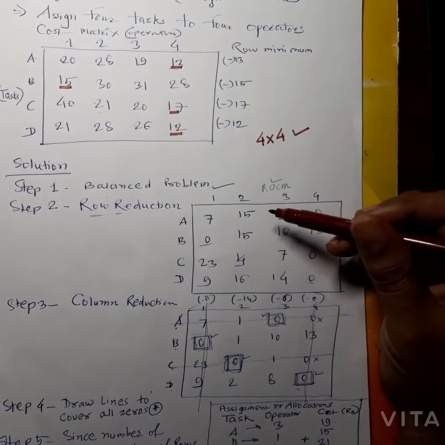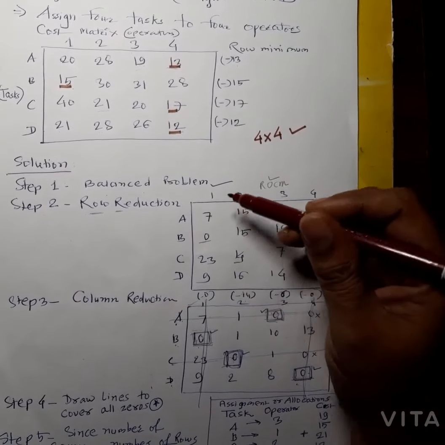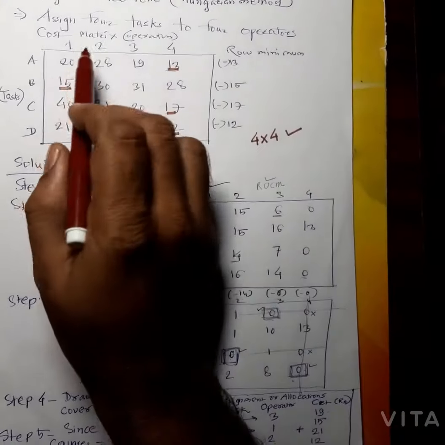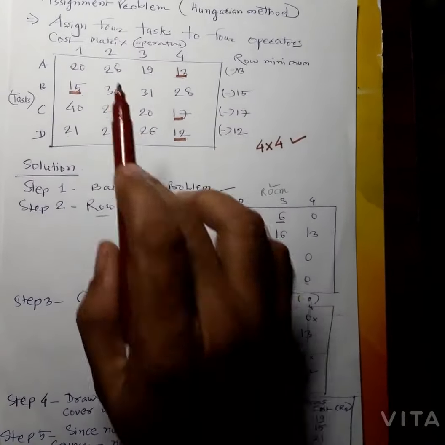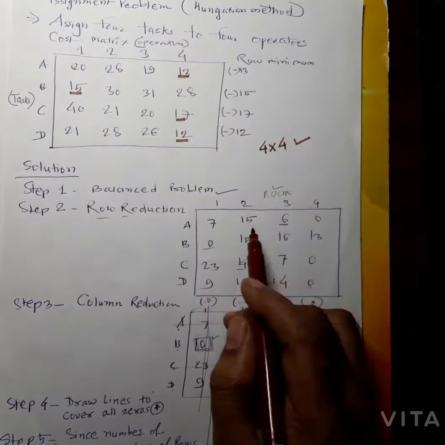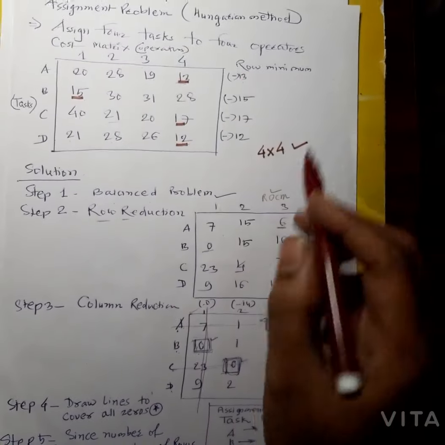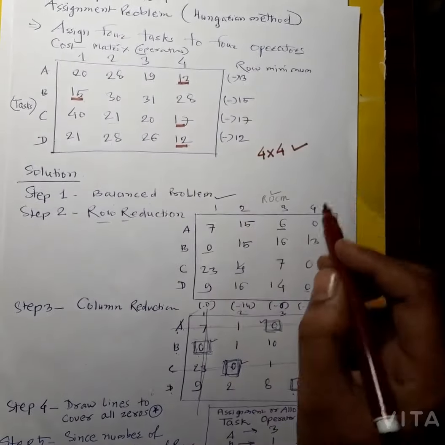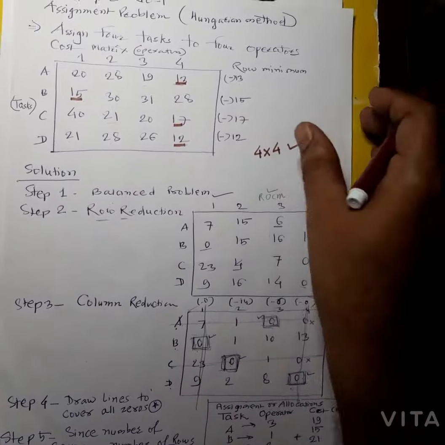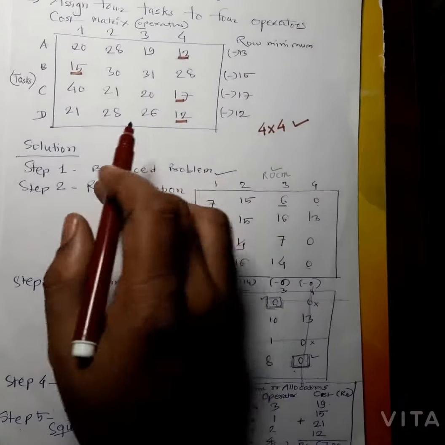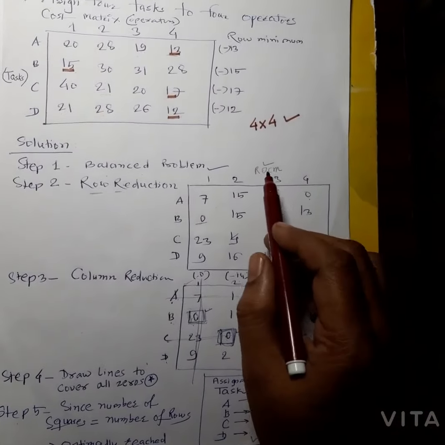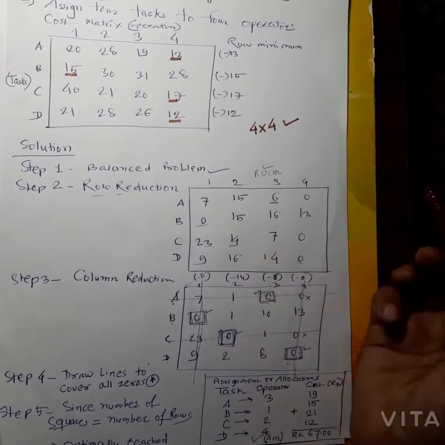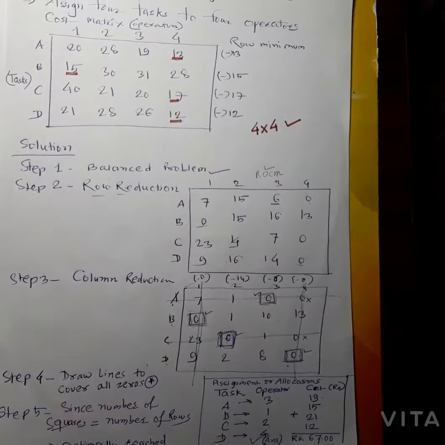Now just subtract this element from the corresponding row element, that is 20 minus 13, 7, 28 minus 13, 15, 19 minus 13, 6, 13 minus 13, 0, like this. You will get this matrix, the row opportunity cost matrix, after row reduction.